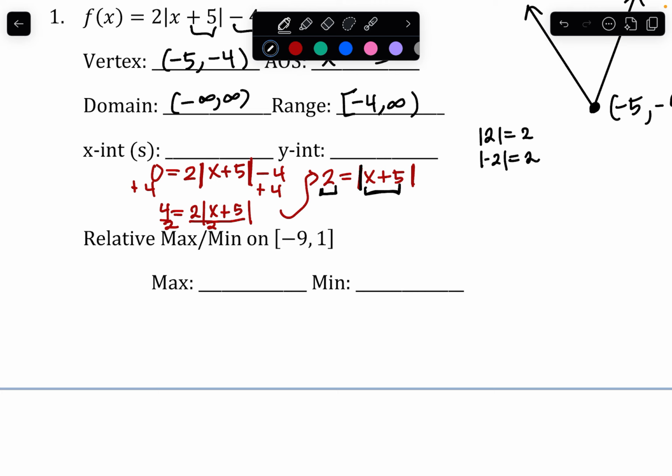So if I just tell you the absolute value is 2, I don't know if x plus 5 was equal to 2 or negative 2. So we have to consider both cases. And so in this case, we subtract 5 and we get x equals negative 3. In this case, we subtract 5 and we get x equals negative 7.